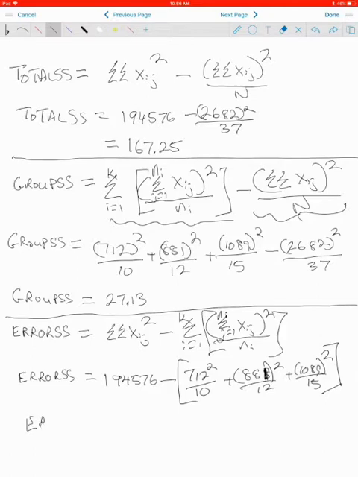And so if you crunch that out, I claim I get 140.12. So that's really the heaviest number crunching.